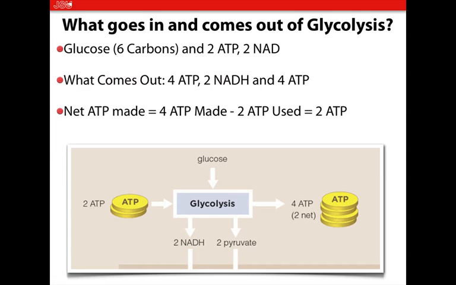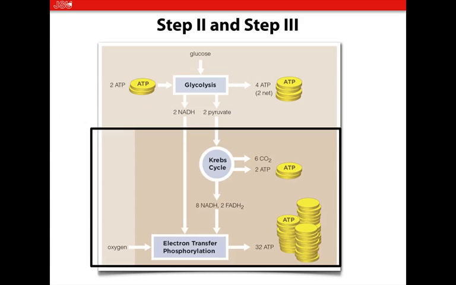So, what goes into glycolysis? Glucose. What comes out? ATP. Okay? And ultimately pyruvate. So after that pyruvate is made, we are now in the mitochondria. Before we go to the mitochondria, we have to form pyruvate into acetyl CoA.